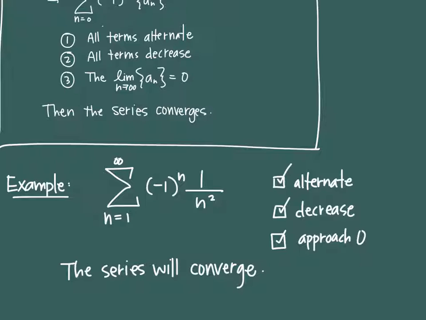So you're hoping that they will give you a push in the right direction. I've seen a multiple choice question which was like, which of the following tests would be inconclusive for the series? And then they list them, and you have to pick the one that would give you an inconclusive answer.